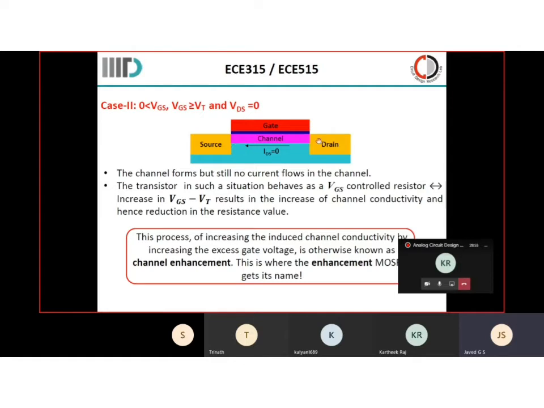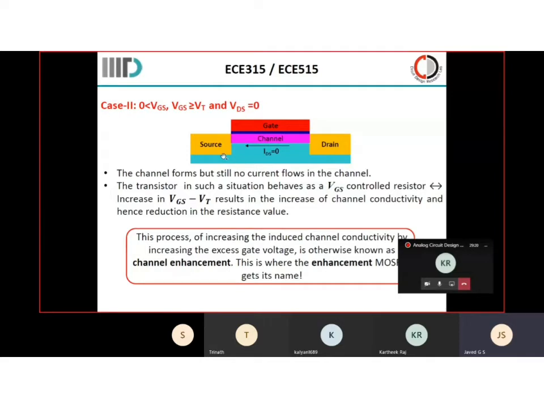So what happens is a channel is formed. But the transistor is in such a situation that it acts as a VGS controlled resistor, meaning an increase in VGS minus VT results in an increase in channel conductivity and hence a reduction in the resistance value. As the resistance reduces, the conductivity increases correspondingly, and this also occurs when the difference between the drain and source comes into place.